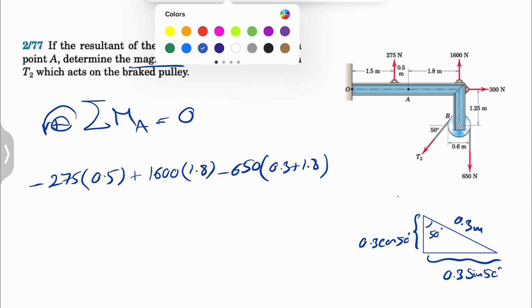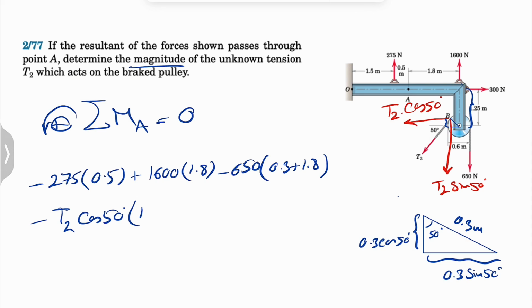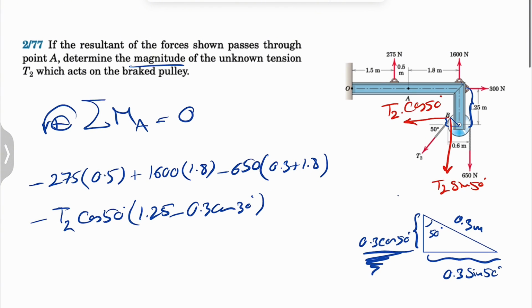Let's clean up a little bit. It's going to be a right triangle, so we resolve the force in here. These are the two components: T2 cosine of 50 degrees, and T2 sine of 50 degrees. Let's go with T2 cosine of 50. The moment is clockwise, so negative T2 cosine of 50 degrees, and the distance is this distance minus this side, so 1.25 minus what we found in here, 0.3 cosine of 50 degrees.